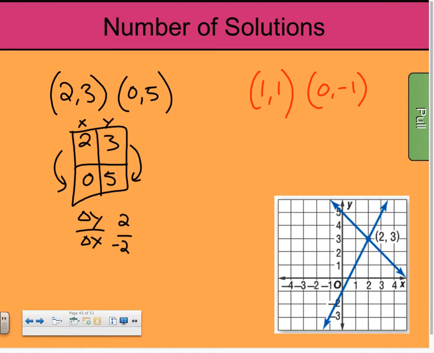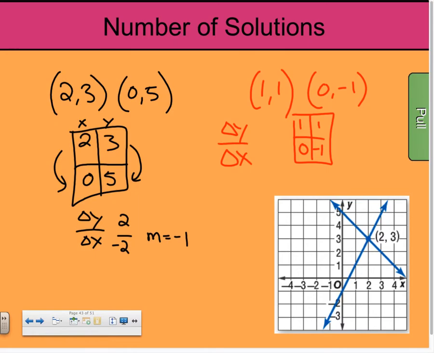Okay, so we have negative 2 over 2, which is going to give us a slope of negative 1. Now, what about this other one? Well, let's do the same thing. Let me make a table. All right, so I put (1, 1) there, and I put (0, negative 1) here. Same thing, we're looking for a change in y over a change in x.